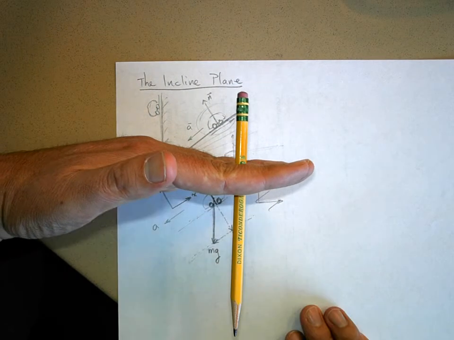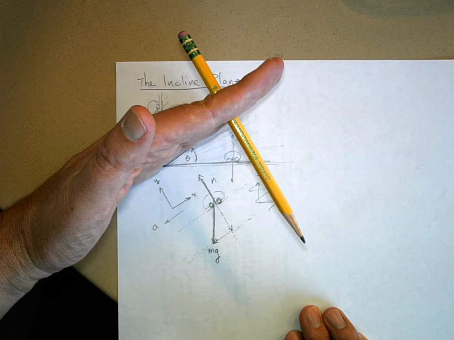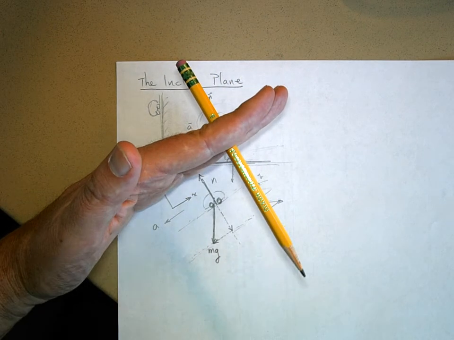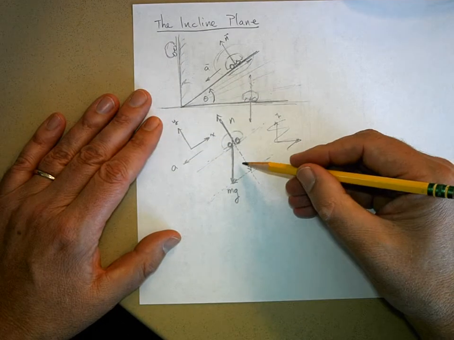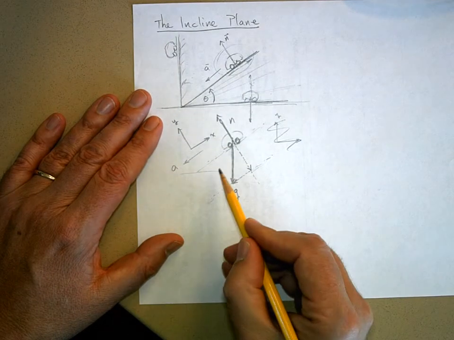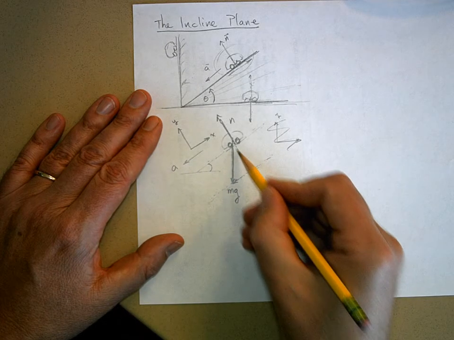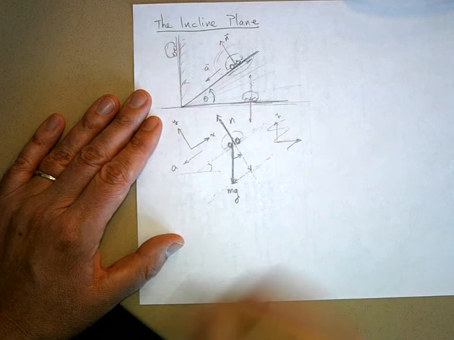The pencil is straight down. Then I rotate like this with my angle of incline. And now my pencil has rotated by the same angle. So if I rotate up by an angle of theta, this normal component of gravity gets rotated up by that same angle, theta.